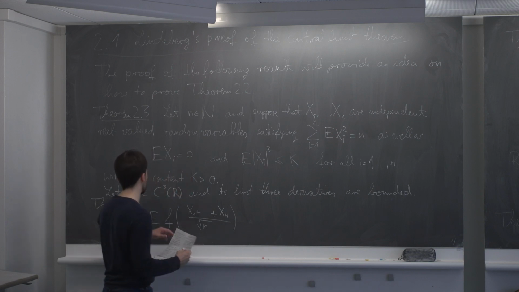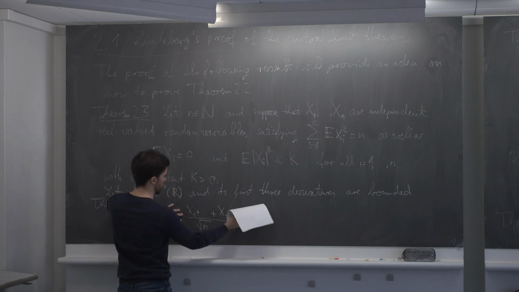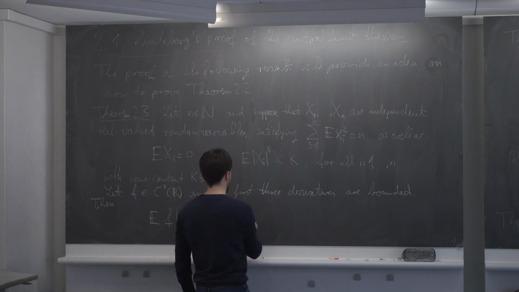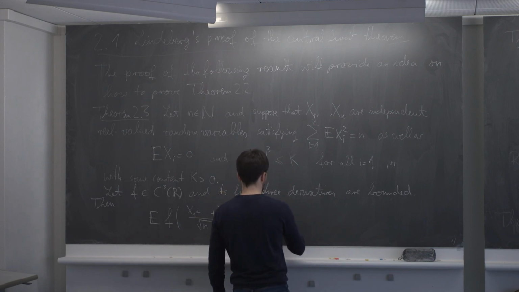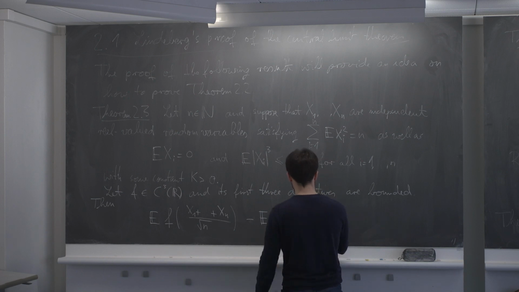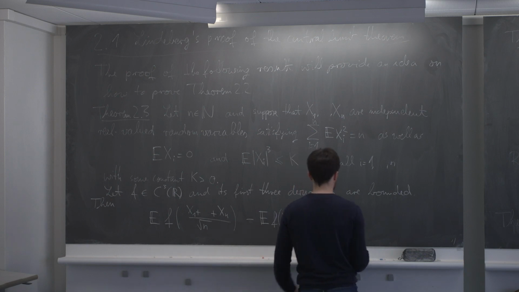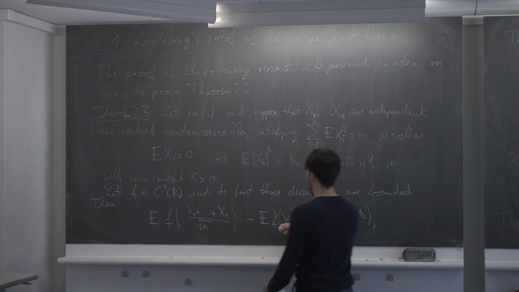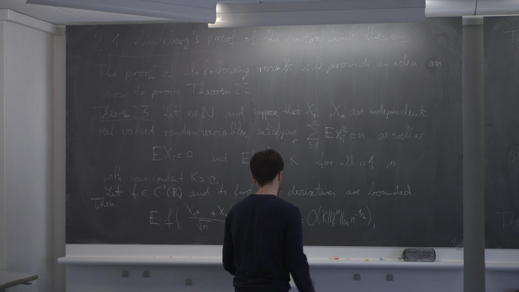Of course, we would expect that this converges in distribution to a standard normal variable. The way I want to write it is that I subtract the expectation of f of y, and then this will be small. This is of order k times the infinity norm of f''' times n to the minus 1/2. And y we can choose to be a standard normal variable.